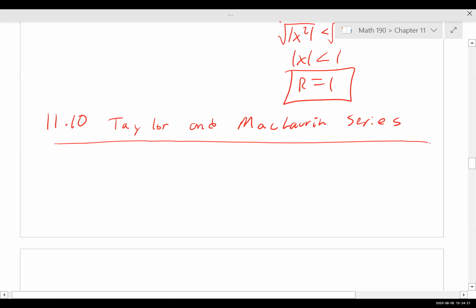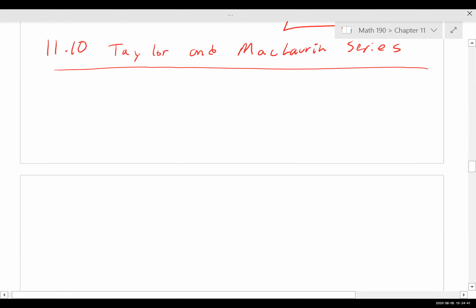This is how we get power series for really cool functions, actually. We take the Maclaurin series and get some really cool functions. Let's define what a Taylor series is and a Maclaurin series.